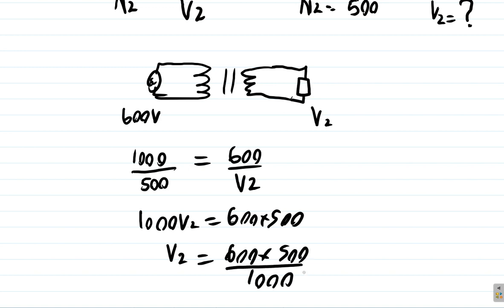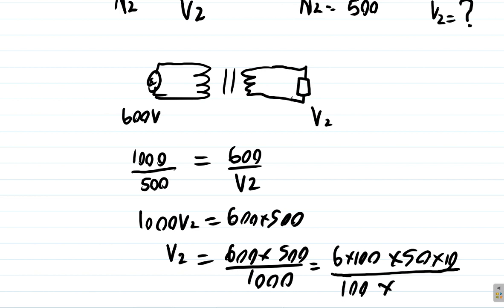Right? We're going into the mathematics now. Let's say the 600 is 6 times 100 times 500 divided by, and 500 is the same thing as 50 times 10, right? Divided by 1000, which is 100 times 10, right?